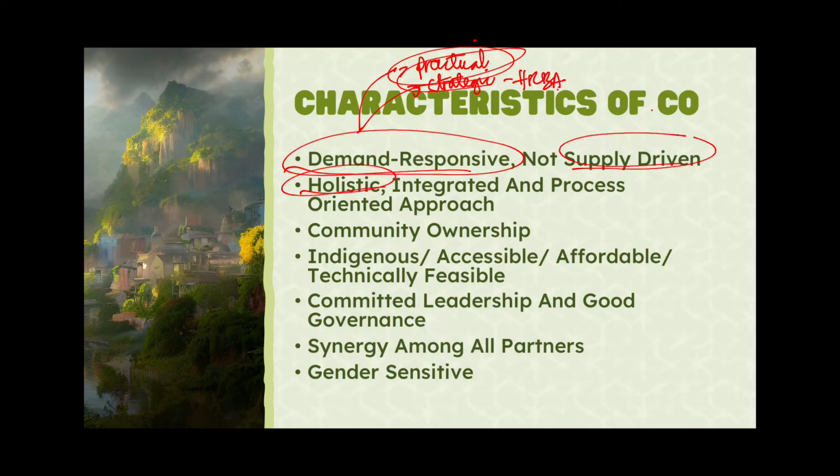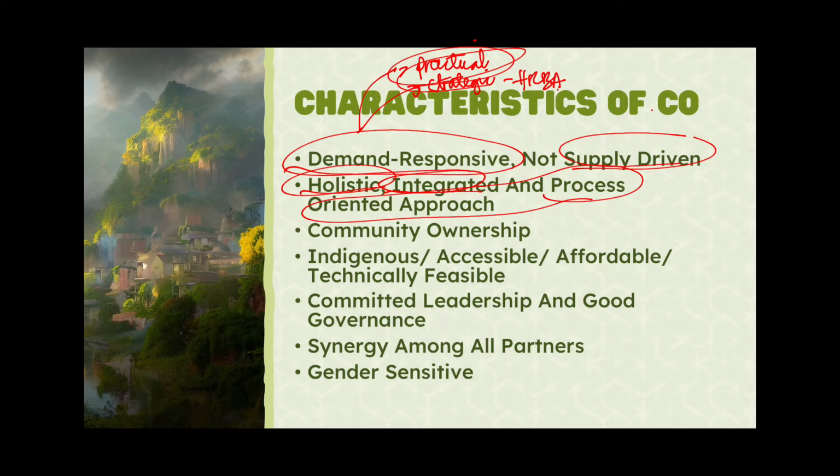So it's holistic, it's integrated, and it's process oriented, meaning we are getting the outcomes. People are receiving their needs, but at the same time, are they being empowered? Are we following the particular phases that are required in this process? So that's very important.